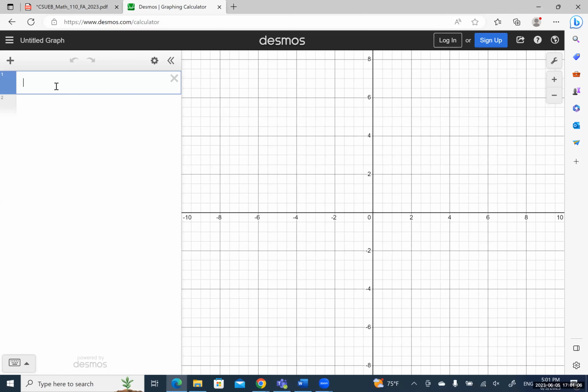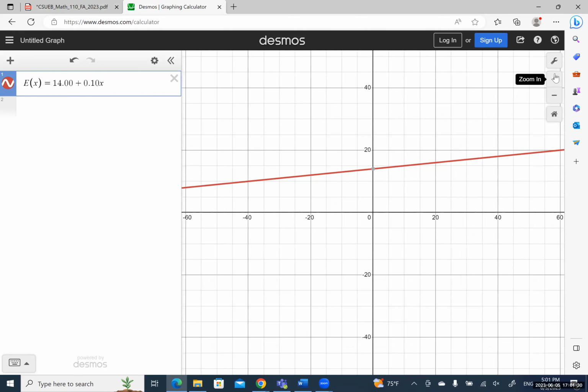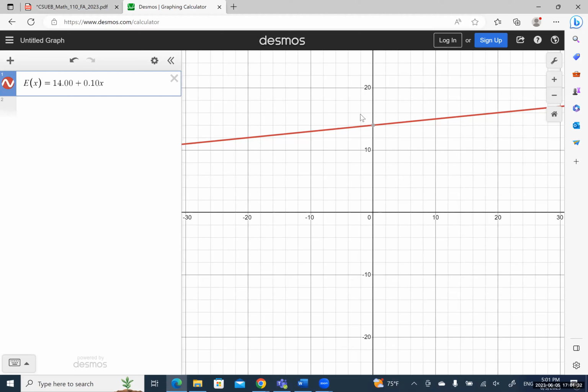Okay. So in Desmos, I know that they don't accept K, so maybe we're going to use E of X here, and that equals 14.00 plus 0.10x.